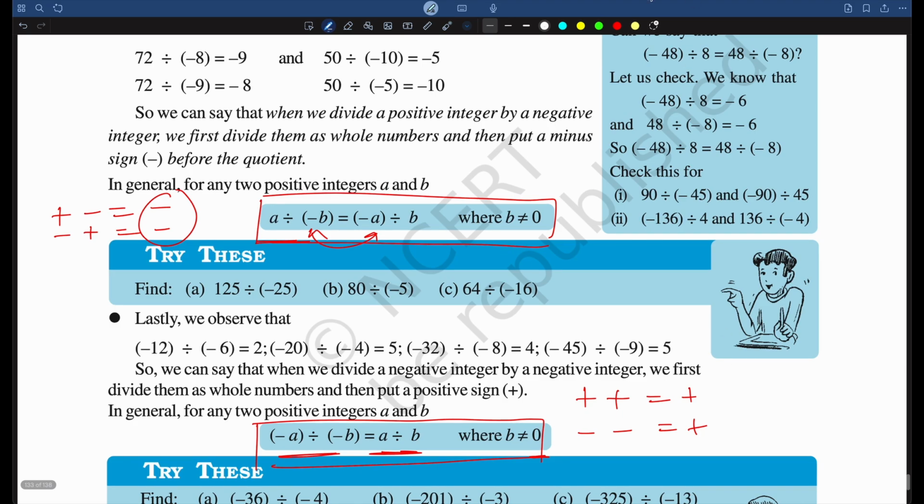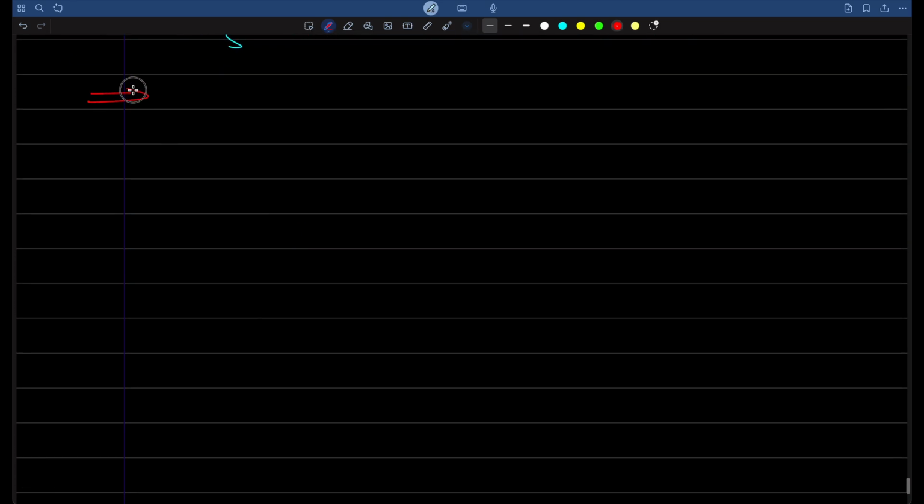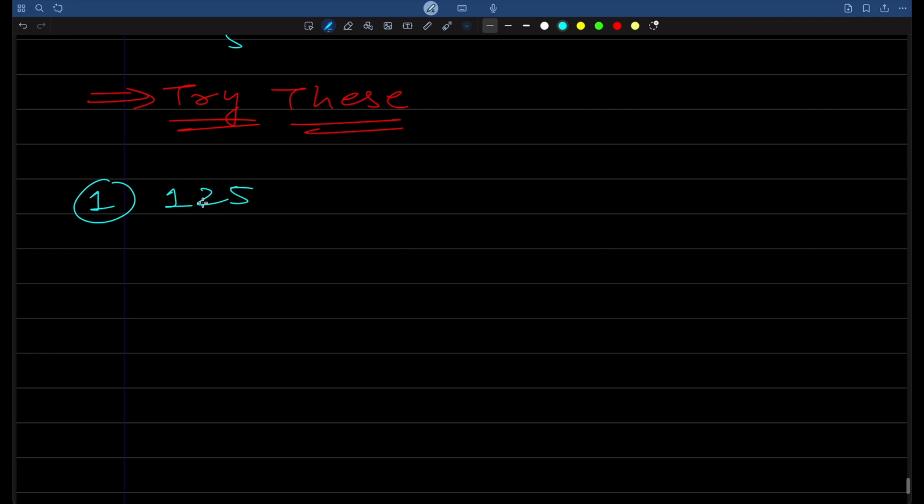Now let us solve next. Try this. 125 divided by minus 25.